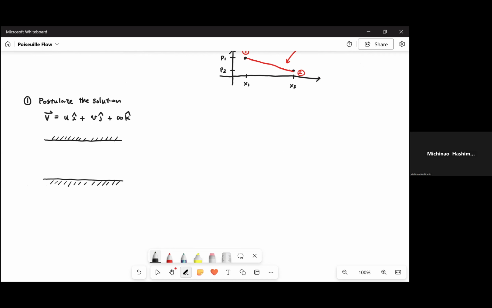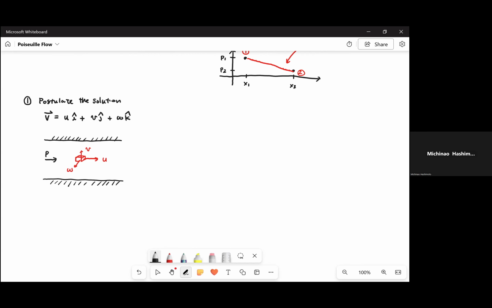We have this fluid particle, which can potentially move in the direction of u, in the direction of v, or in the direction of w. Pressure is coming along the x direction, and is only applied in the x direction.